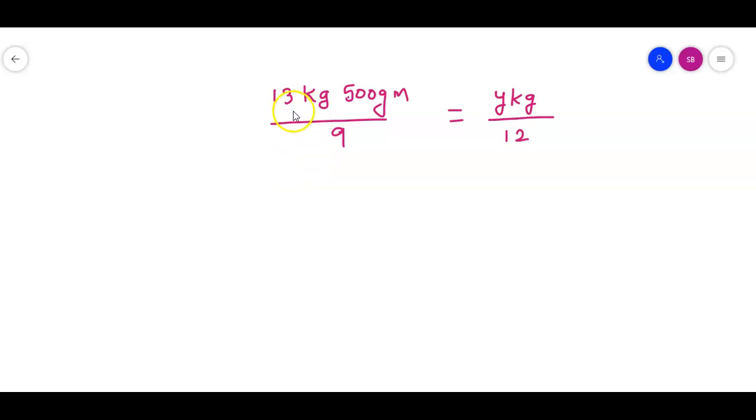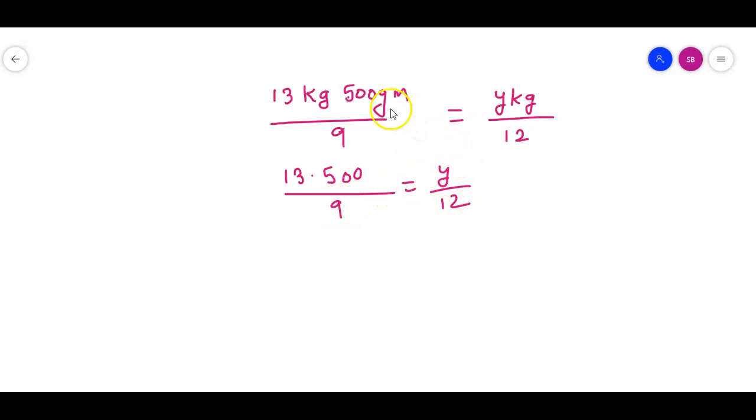Now what we are going to do, this kg and gram is different, right? If there is kg and gram, we will have to convert it. So we will take the decimal point. 13.500 will become 13 kg 500 grams, upon 9 is equal to y upon 12.